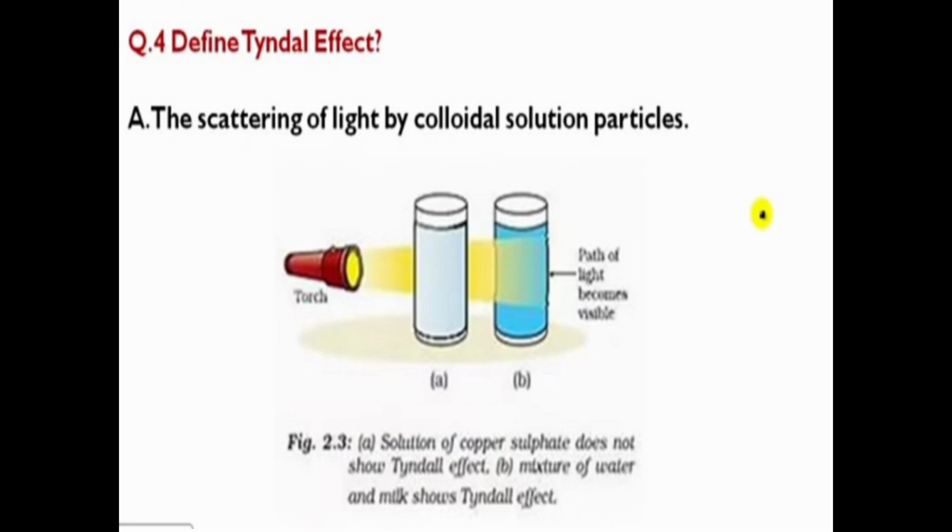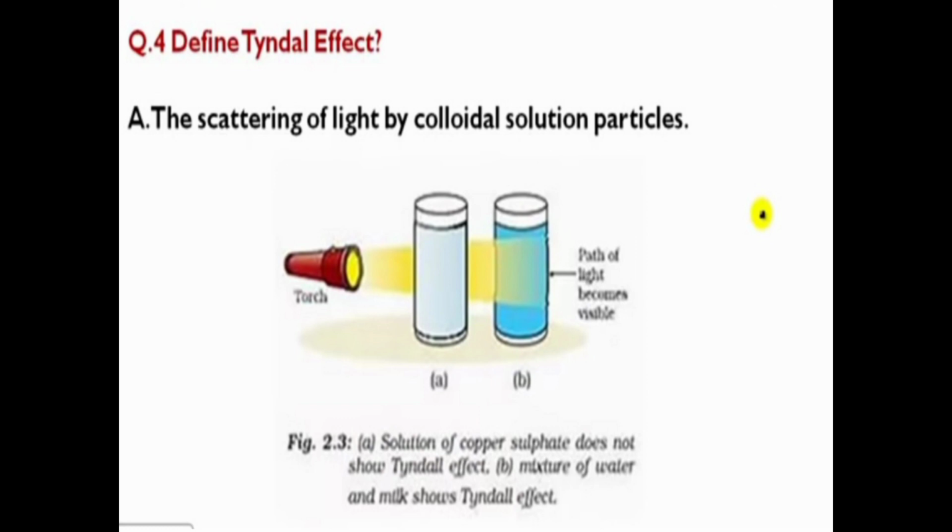As I told you, this scattering we term as the Tyndall effect, which you have studied in your class 9th. This phenomenon is seen when a fine beam of light enters a smoke-filled room through a small hole. This scattering of light makes the particles visible, and we can even see the particles.